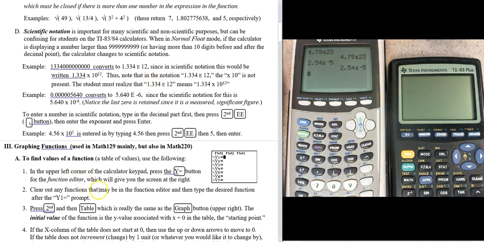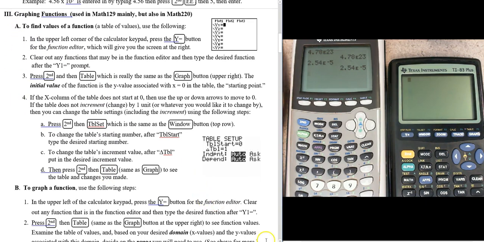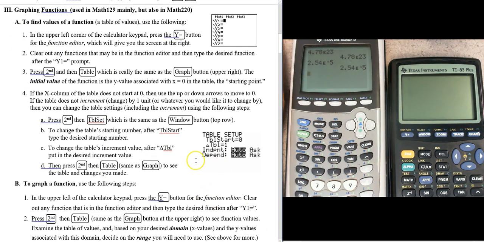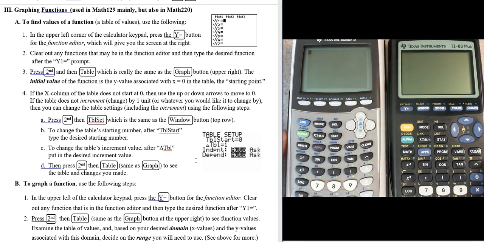All right. Now, in the next section, they talk about graphing functions. This is mainly used in Math 129, but there's also one instance in Math 220 in statistics that it's used.